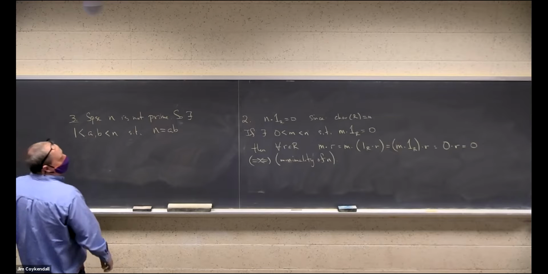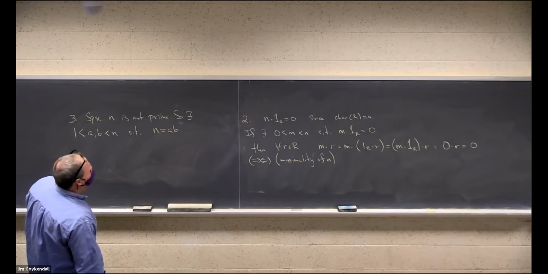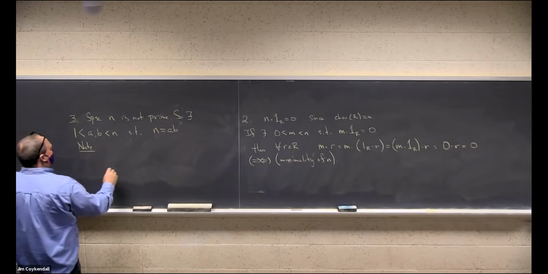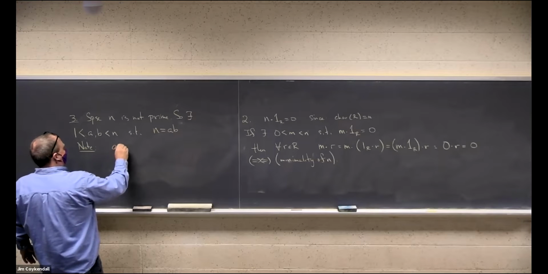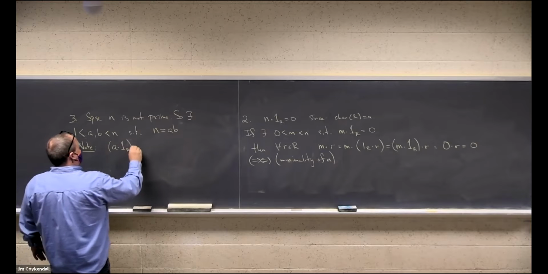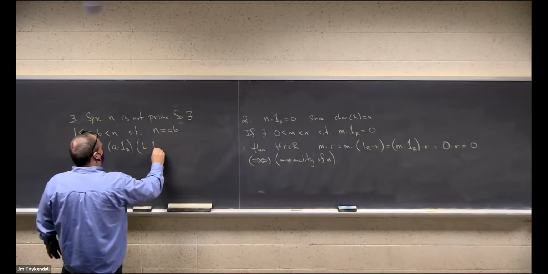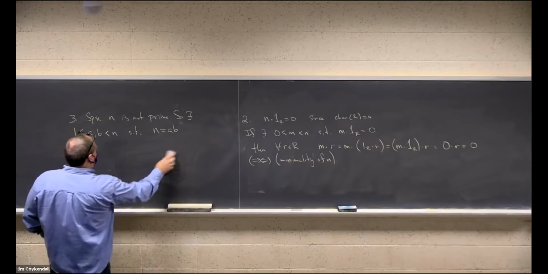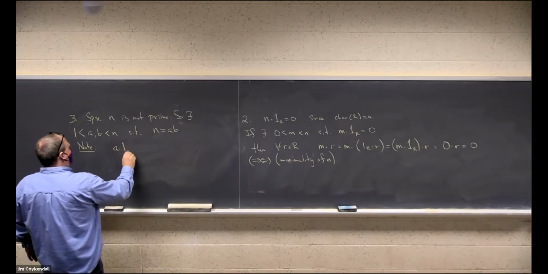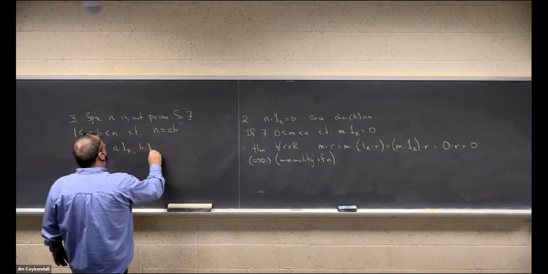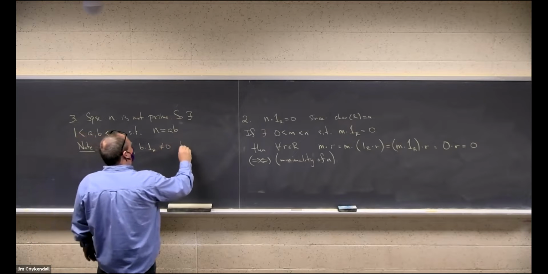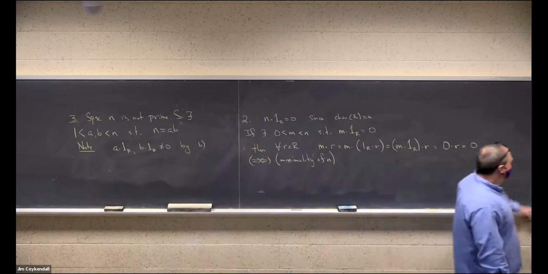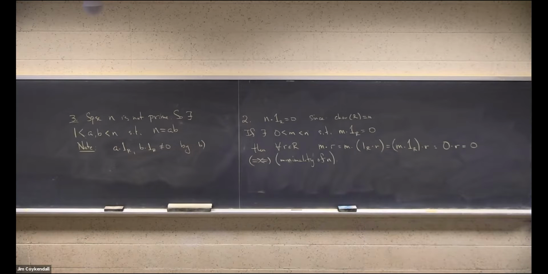Notice that a times 1r and b times 1r are not 0, because n should be the smallest positive integer such that n times 1r is 0.